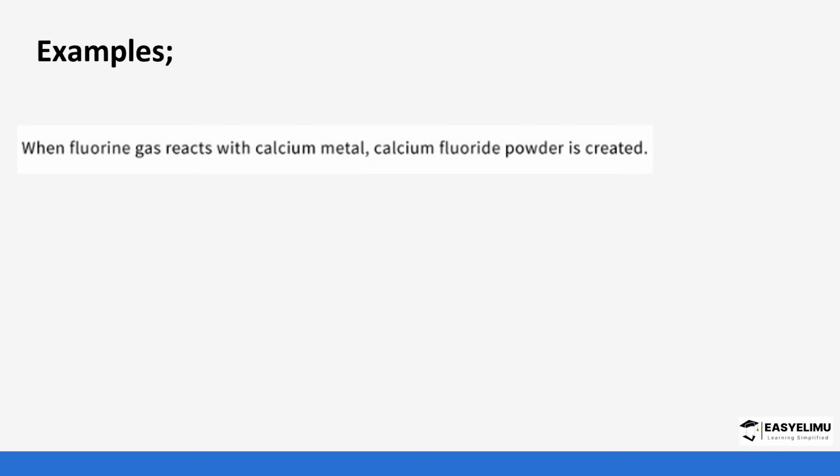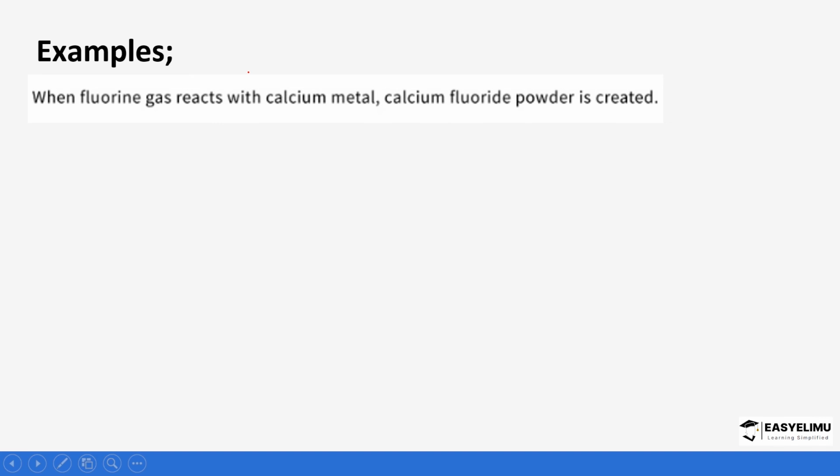So we'll start with this. When fluorine gas reacts with calcium metal, calcium fluoride powder is created. So this is the question we're looking at. Let's look at the reactants. The reactant is fluorine gas reacting with calcium metal, and then it forms calcium fluoride. We said we always start with the cation or the metal.